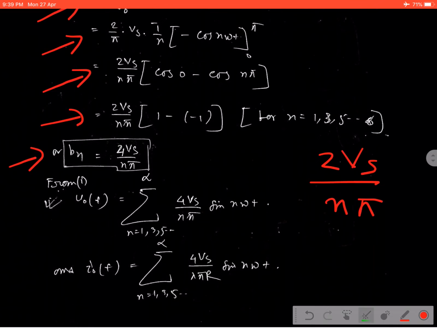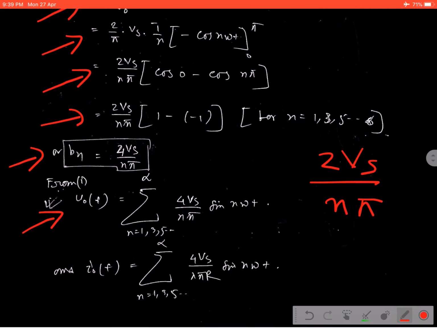So we can put the value of the coefficient in the main equation for the periodic signal, which is defined by V0t equal to the sum for n equal to 1, 3, 5 to infinity of 4 Vs by n pi sin n omega t.